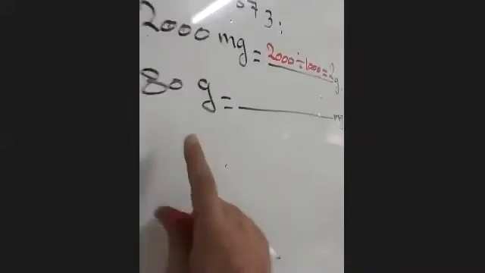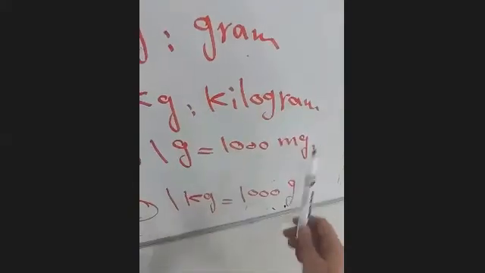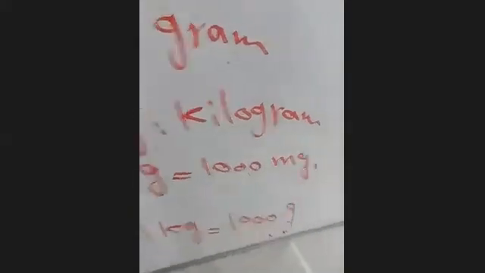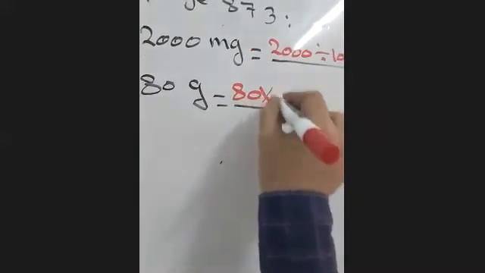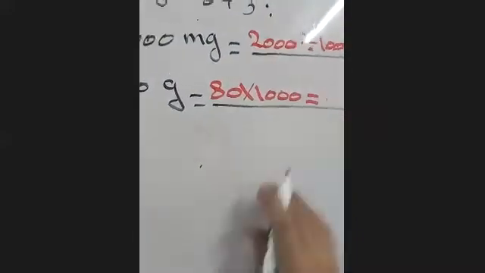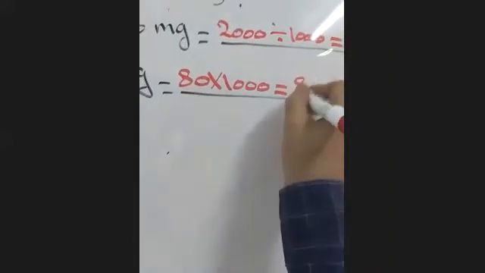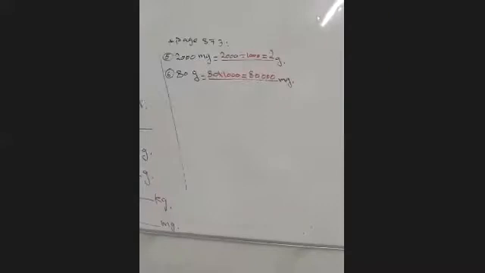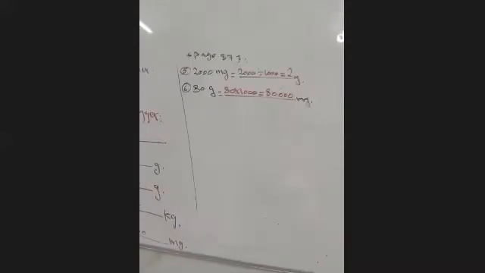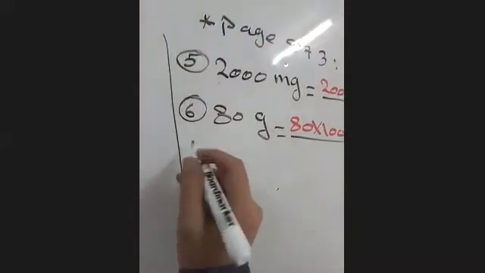I want to turn from gram to milligram, meaning I'm going from bigger to smaller, which is not dividing, it is multiplying by 1,000. So 80 multiplied by 1,000 equals 80,000. We multiply 8 by 1 and put all the zeros, remember? 80,000 milligram. This is question 6. Question 7.